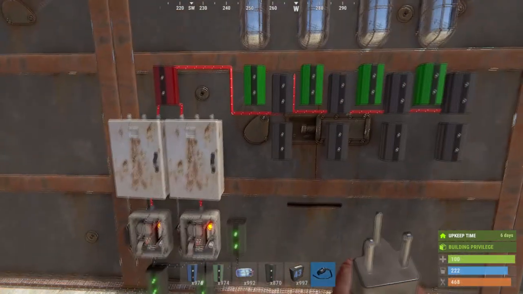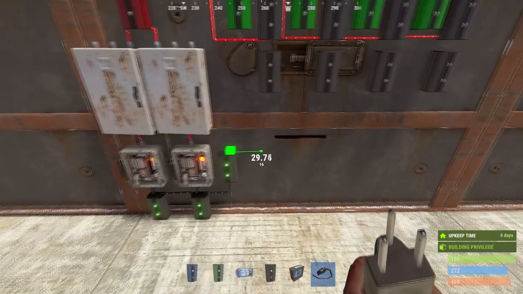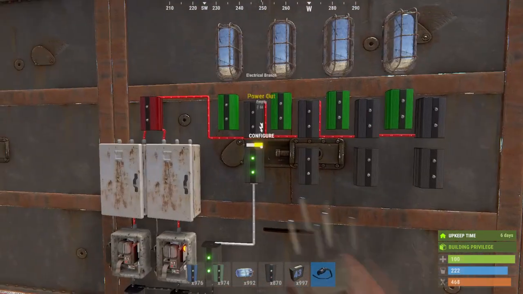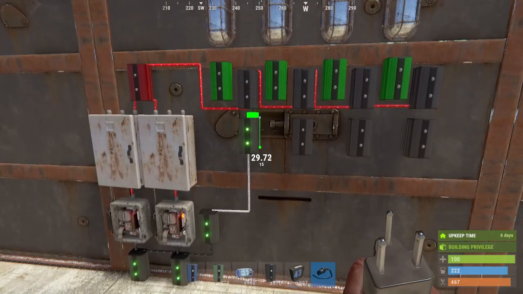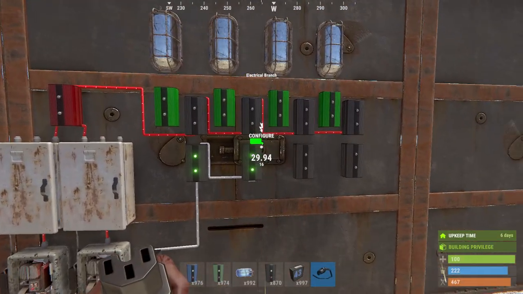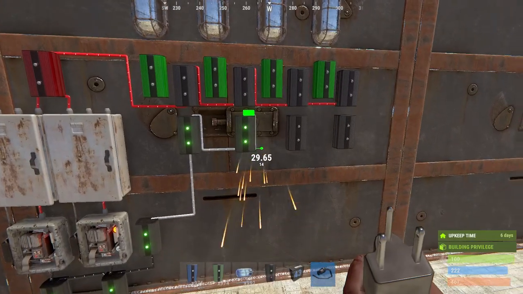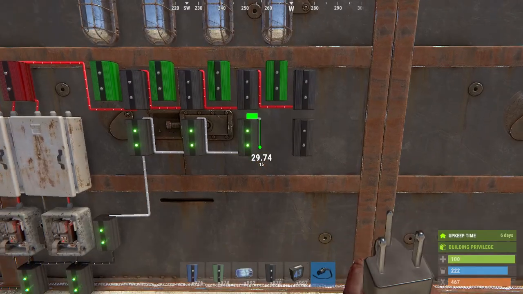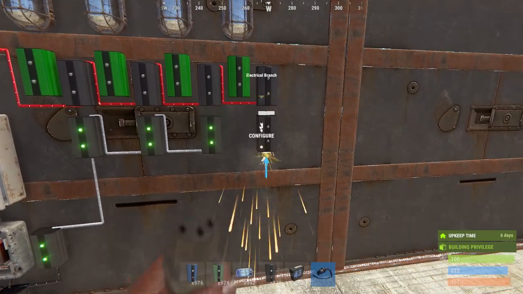Next, we will wire up the branches that will be responsible for resetting the memory cells. These branches will remain powered at all times because when the set nodes on the memory cells are unpowered, we want them to reset automatically.